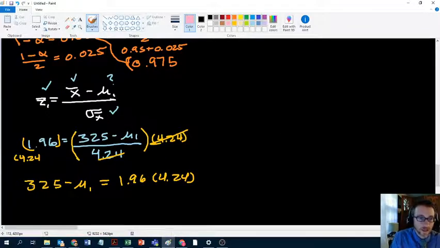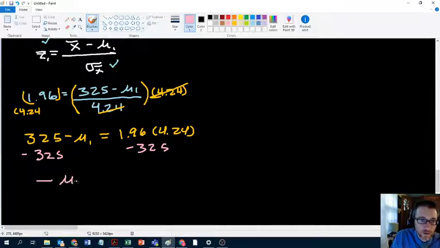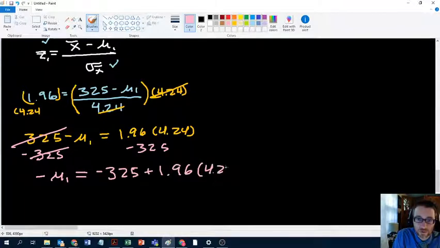We want to get mu1 by itself, so we have to get rid of that 325. So we can subtract 325 from each side. We will get negative mu1, equals negative 325 plus 1.96 times 4.24.